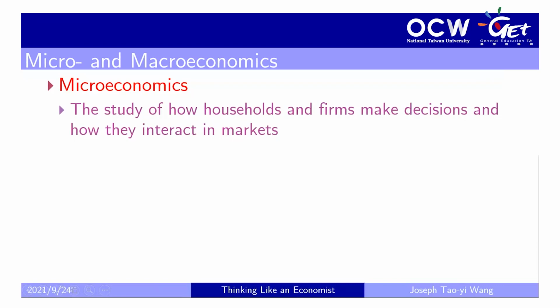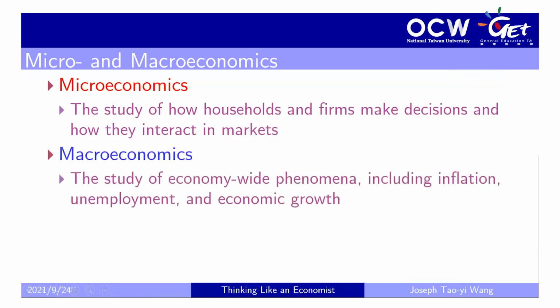That's why in the first 7 principles of economics, we talk a lot about this. And macro is the study of economy-wide phenomena like inflation, unemployment, economic growth. That's the last 3 principles that we saw in chapter 1.